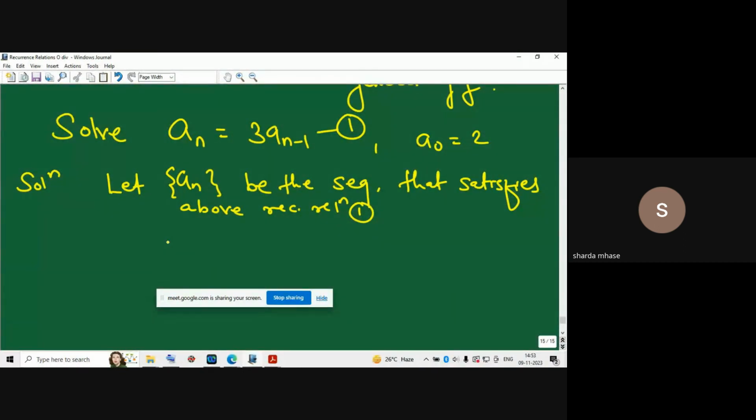How is this method different from the previous methods? In the previous method we used the characteristic equation and very easily we got the answer. What we are going to do here, this is the relation which is available with us.